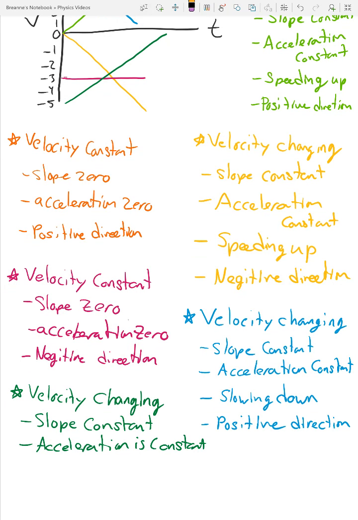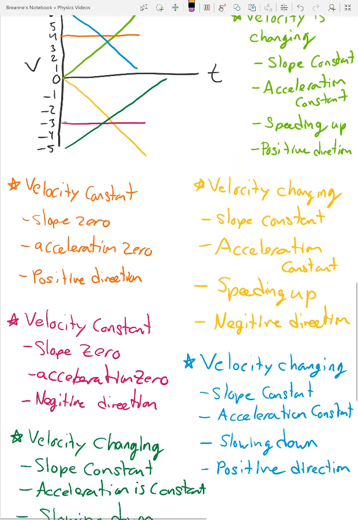Let's look at our numbers. Our numbers are getting smaller. Even though they're negative, our numbers are still getting smaller. So we are slowing down, and we're just in the negative direction because our numbers are negative. So there we go.